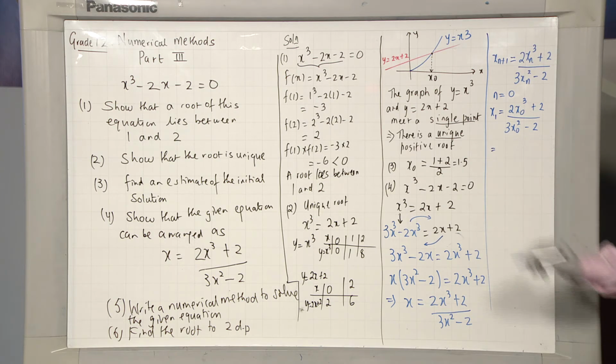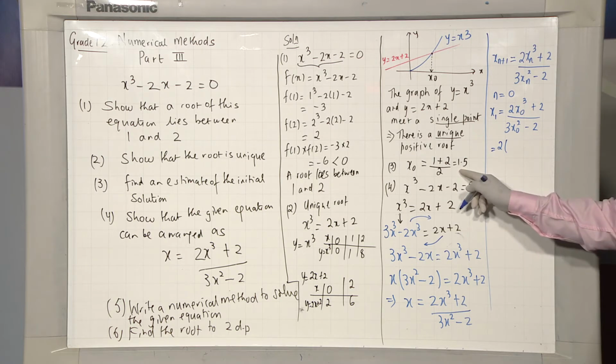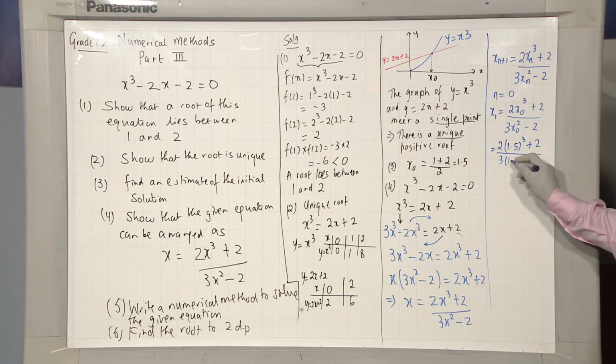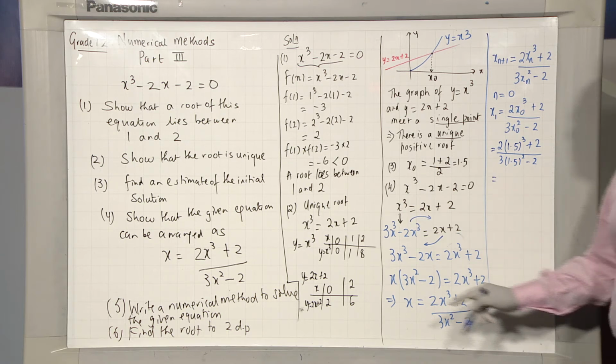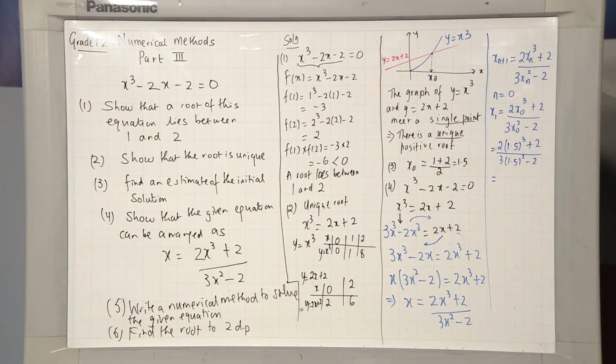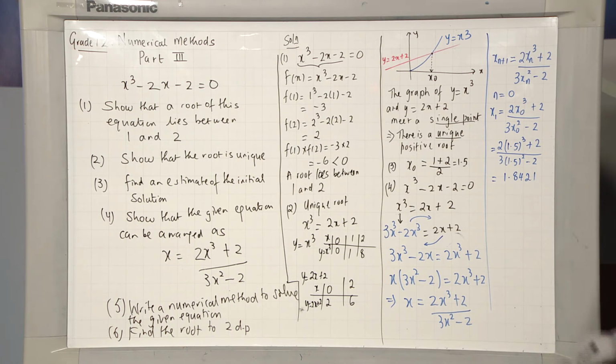So, this gives me x naught we have taken to be 1.5 here, 1.5 cubed plus 2, 3 times 1.5 squared minus 2. Now, the final answer has to be given to 2 decimal places. I'm going to keep 4 decimal places in my calculation. Right? So this is x1.